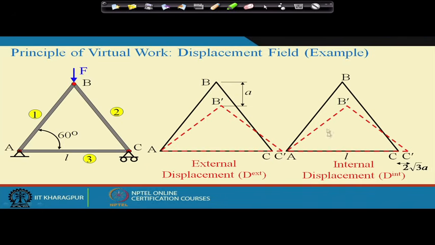Okay. Now, this is called system 2. So, system 1 is the force field, and system 2 is the displacement field. In system 1, we have two forces, the external force and the internal force, and in system 2 you have two displacements, external and internal displacements. Okay. And how are the external forces and internal forces related?